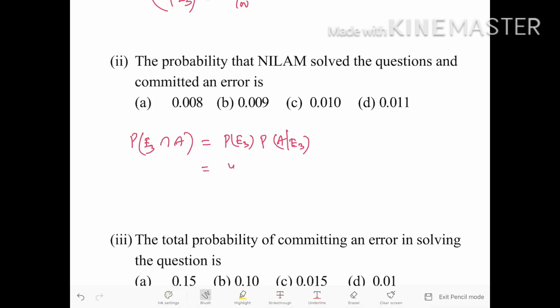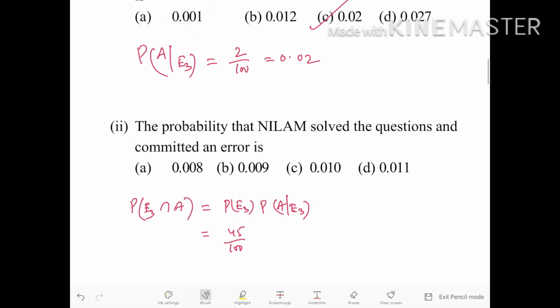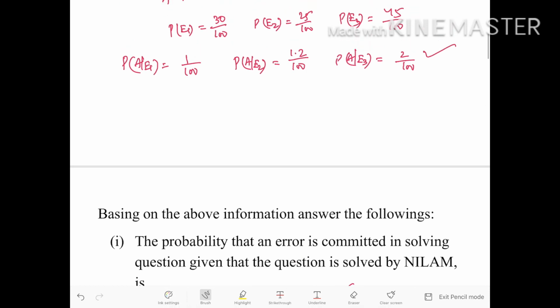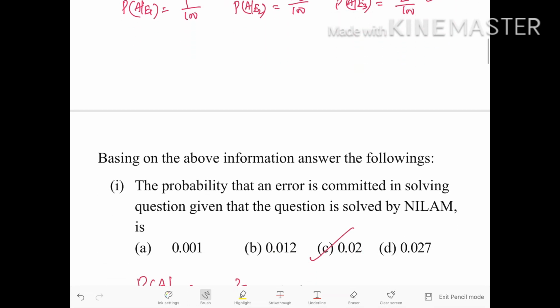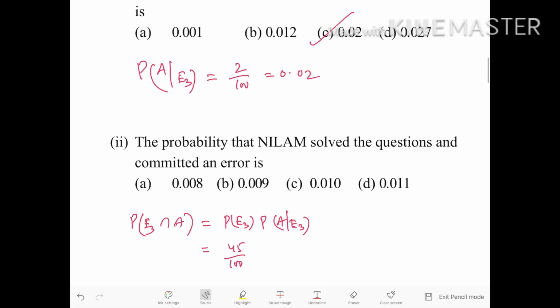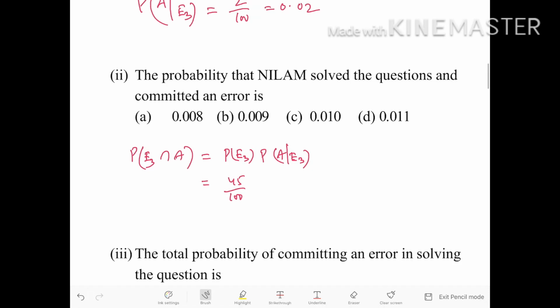It is given that the probability of E3 is 45 by 100, and the probability of A given E3 is 2 by 100. So this will be 90 by 10000. That means it will be 0.009, which means B will be the correct option.